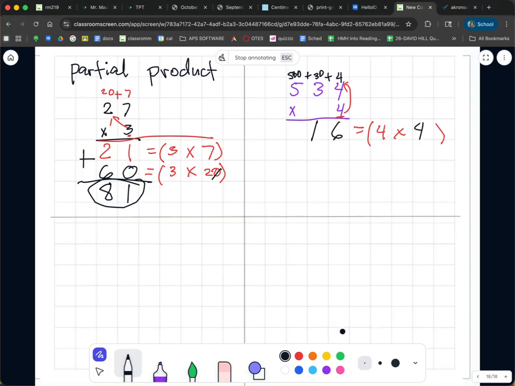Then the next one, we're going to write our equal sign again and close and open parenthesis. We start with 4. Remember, distributive property of multiplication, times what is the value in the tens. We're going to move to the tens, which is the value of 3. That will be 30. So we're going to write 30 in here.